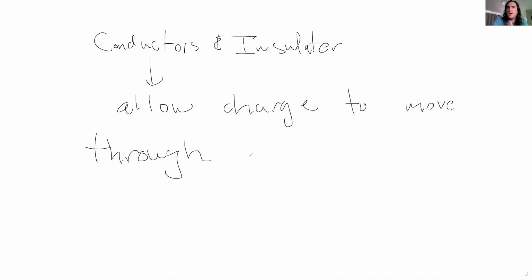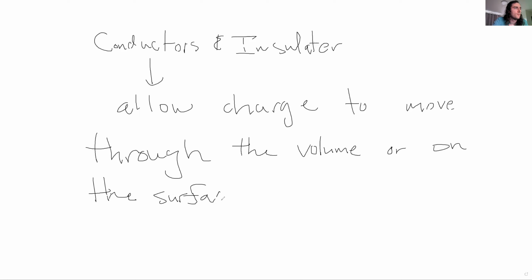What I mean by around is kind of like on the surface. So, to be precise, they allow charge to move through the volume or on the surface, easily.